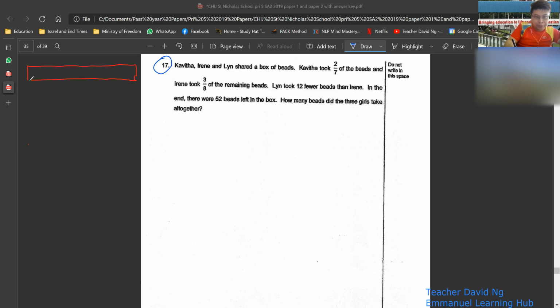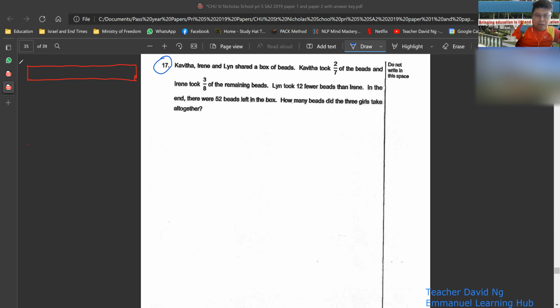Why do I do it this way? It's because there is a pull down. Irene took 3/8 of the remaining beads. If you draw K, I, and L, your K is 2 units, and Irene is 3/8 of the remaining beads, so you do not know exactly how many blocks to draw for Irene. It would be 3/8 times 5/7. So I suggest you draw the pull down approach.